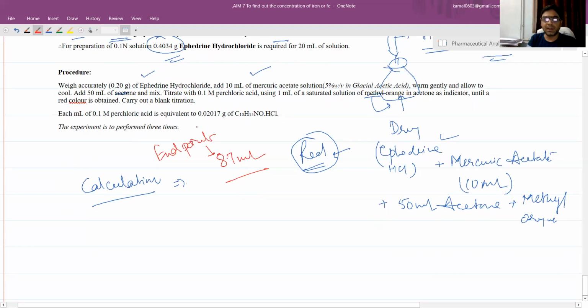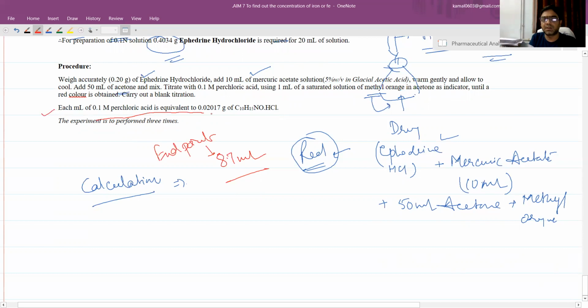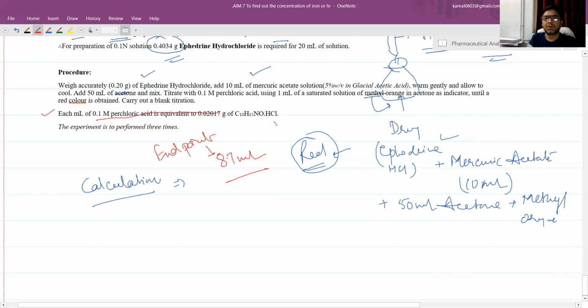So we have this factor that each ml of 0.1 N perchloric acid is equivalent to 0.02017 gram of ephedrine hydrochloride. You can see here that it is written for each ml.